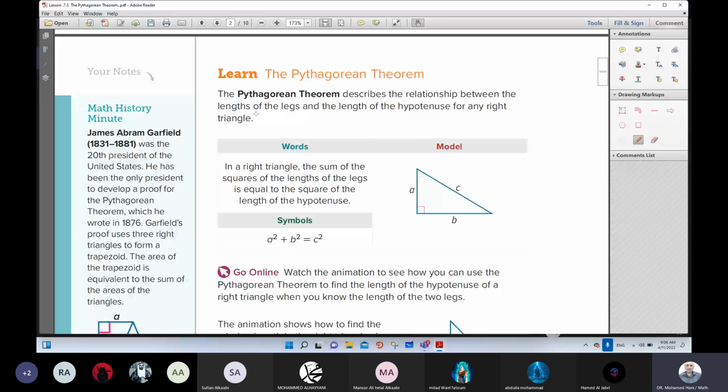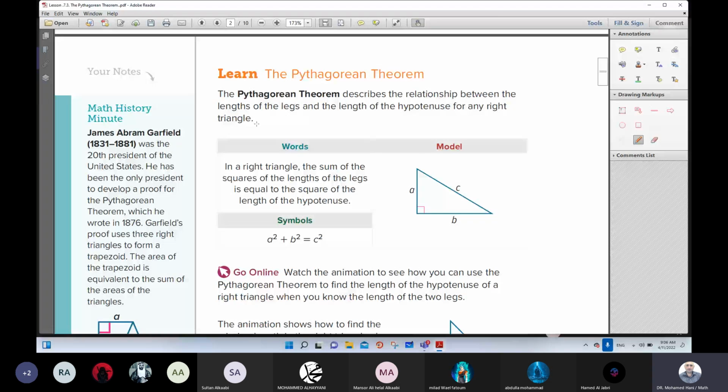As you see here, we have a right triangle with this side A, this side B, and this side C. In a right triangle, the sum of the squares of the lengths of the legs is equal to the square of the length of the hypotenuse.